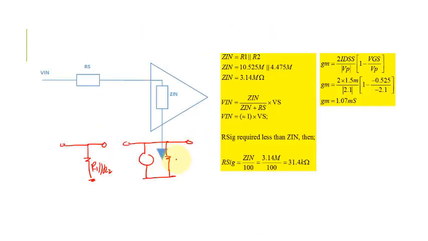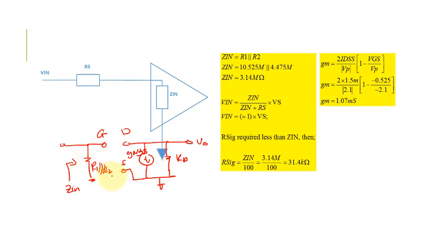This one is the gate, this one is our drain, and this one is our source. We have the current here, gm VGS, and this is our RD. This is our VO. So Z in is in this part.